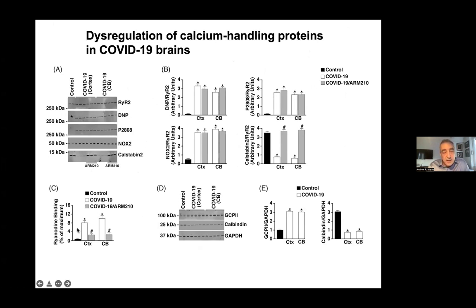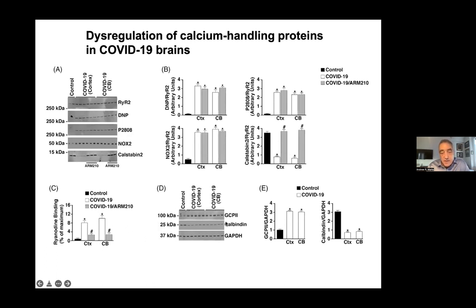We then looked at the channel function, and in this instance, we used ryanodine binding, which is a surrogate marker for activation of the channel, since ryanodine binds preferentially to active channels. And we showed that under conditions where the channels from control patients were not active, the channels from the COVID-19 brains had increased activity, which could be reduced again by treating the brain tissue with ARM210. So this would be indicative of leaky channels.